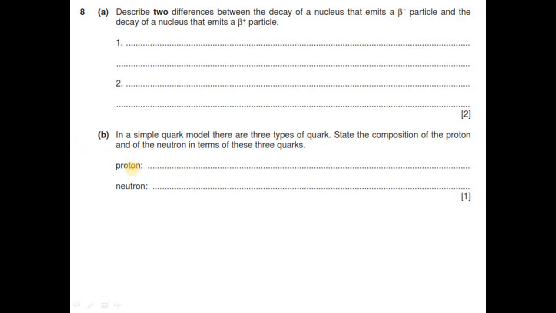It is a baryon, so it consists of two up and one down quark, so UUD, and the neutron consists of two down and one up quark, so you can say DDU. These are the compositions.